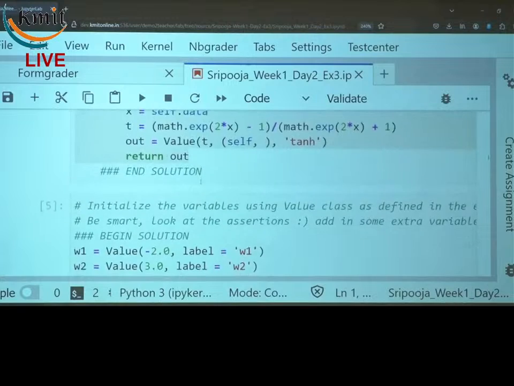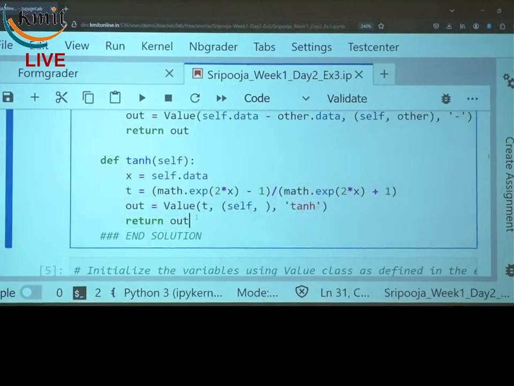As a class method. Here, take a look at this code. If you're not able to generate the graph, you're not initializing the children of a node. So use tanh here as a class method. Then it should work.